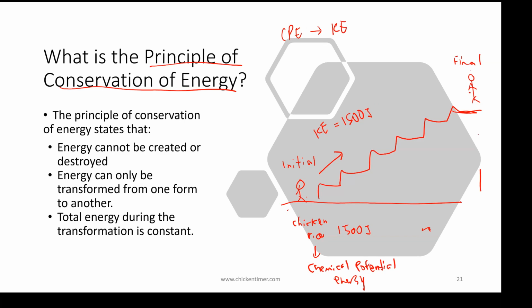What happens to gravitational potential energy? It will increase. So the KE is converted to gravitational potential. Let's say he's at the midway point here. Half of his KE will be converted into potential energy, so now KE is only 750 and PE is 750.